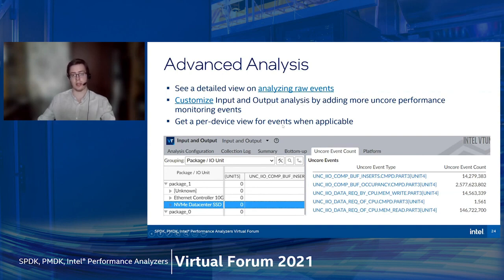Just follow this link. This is the presentation from our previous summit. And with this, you can customize input and output analysis by adding more on-core performance monitoring events. And then you can get even a per device view for these events when it is applicable.